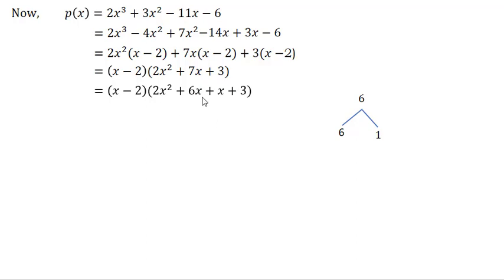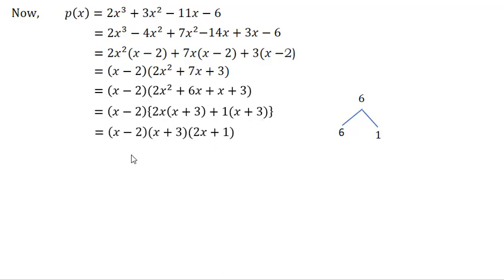Now I can take 2x common. So let us take 2x common here. Remaining is x plus 3. And here I will take 1 common, so x plus 3. Now I can take x plus 3 as common, so my p(x) is x minus 2, x plus 3, 2x plus 1. So this is the factorization of p(x).